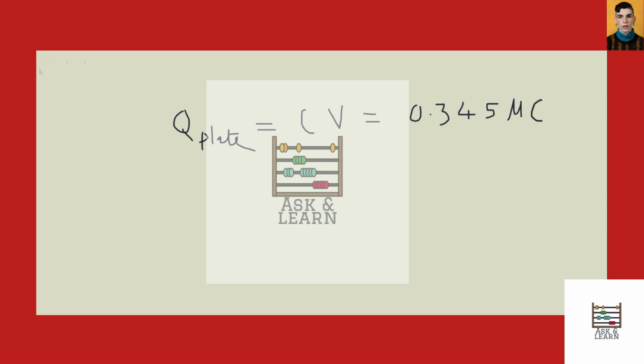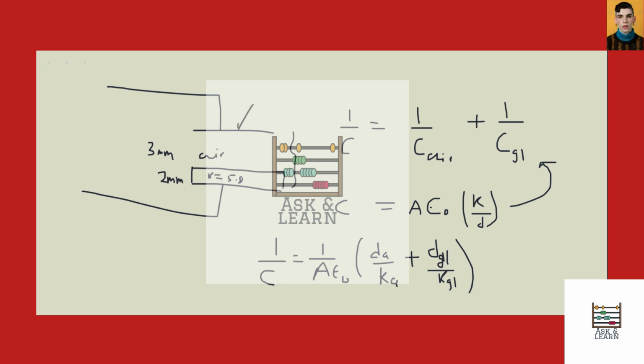So this is the charge on this plate up here, which is, let's say, positive, and this here is negative. Let me see the circuit diagram again. Yes, that is right. Now this positive charge will induce some negative charge over here.